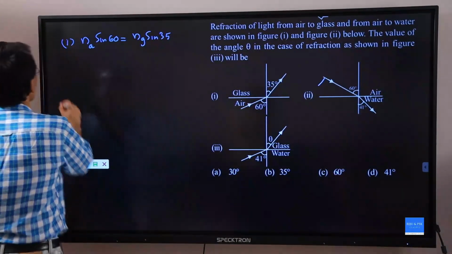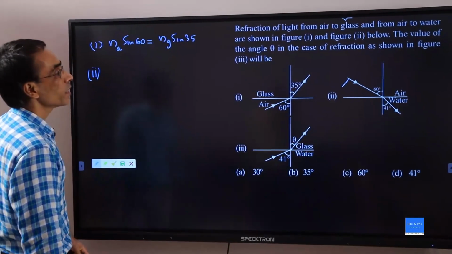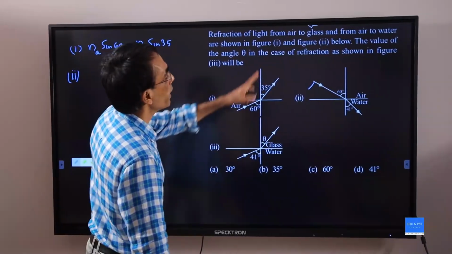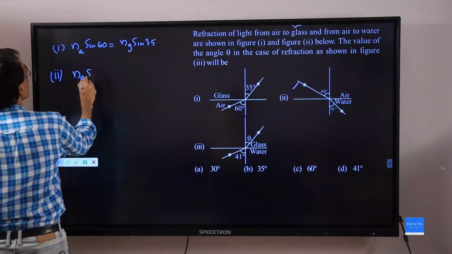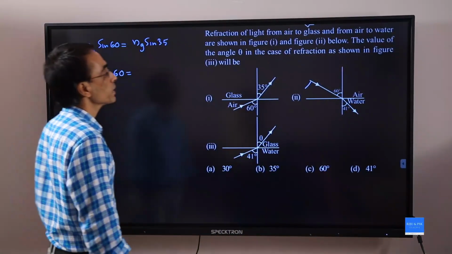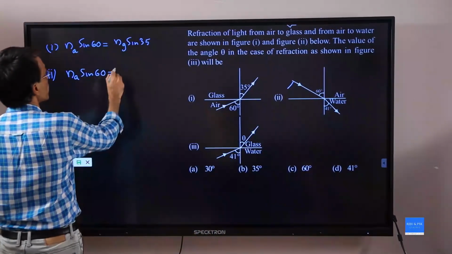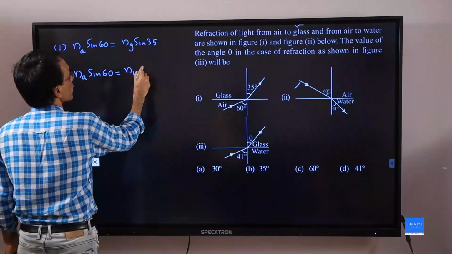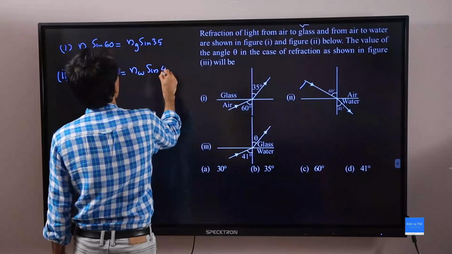First diagram. For the second diagram, it's going from air to water. So N air sin 60 equals, the second medium is water, N water, and the angle is given there as 41 degree, sin 41.